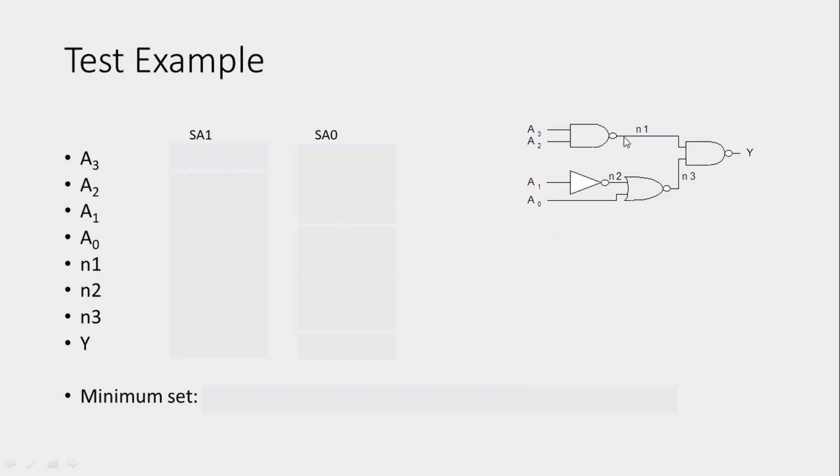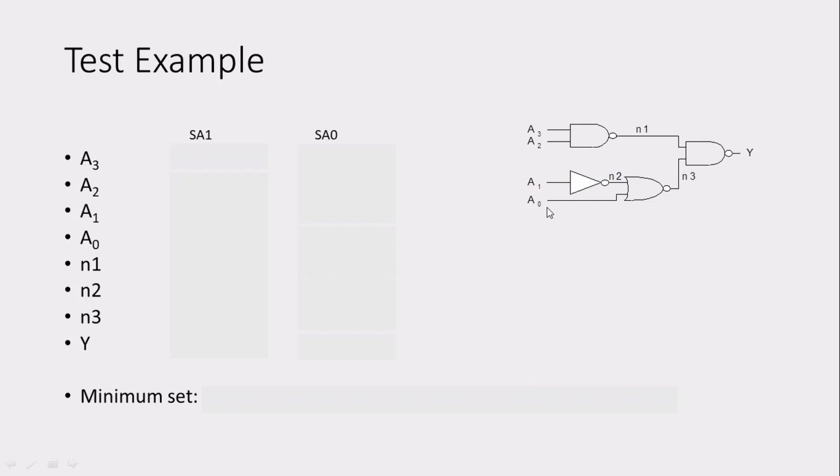This path is an input to this NAND gate, N3 is also an input for this NAND gate, and N2 is also an input for this NAND gate. What input combinations can I give so that I can make these input points stuck at 1 or stuck at 0?